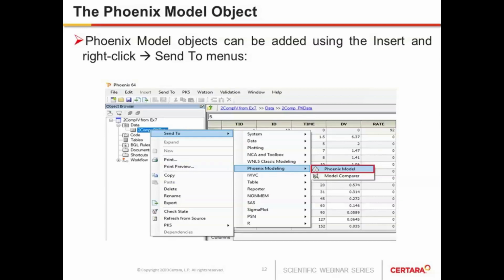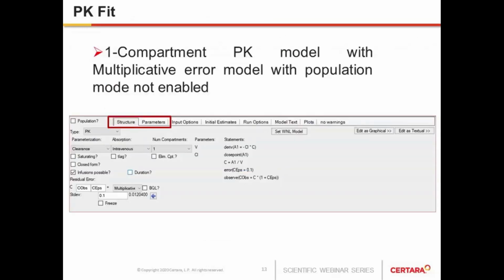The observed data can be sent to a Phoenix model. You can do this by right-clicking on the data, using the send to option, and selecting the Phoenix model for running this particular exercise. As I mentioned earlier, this is a one compartment PK model.